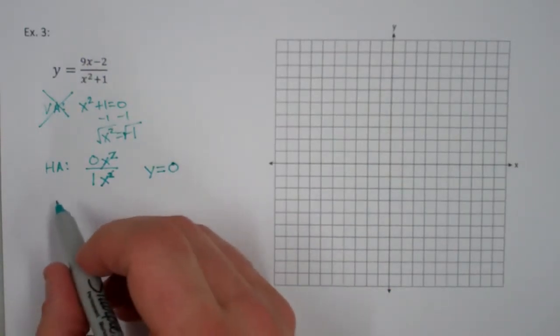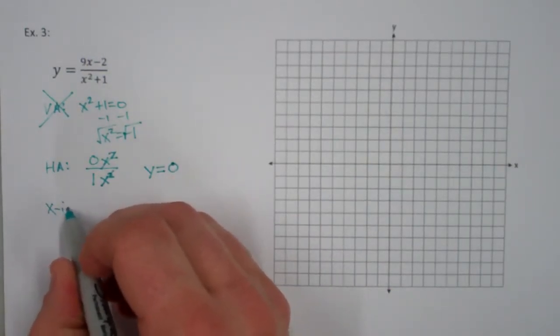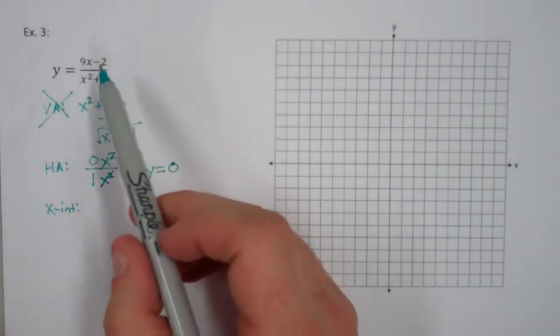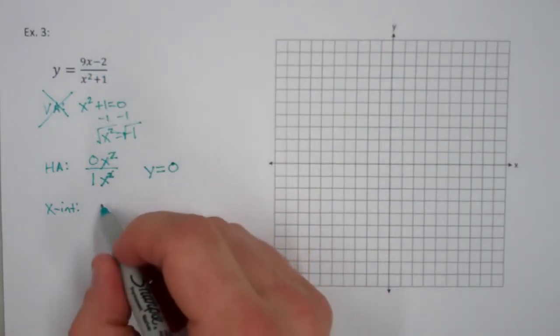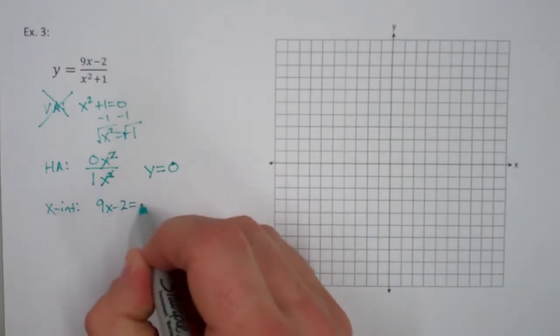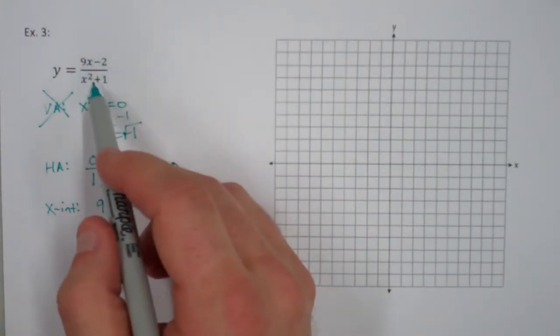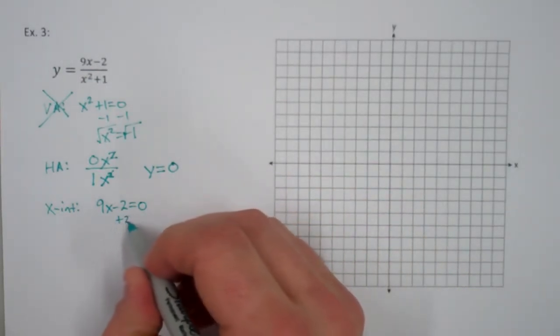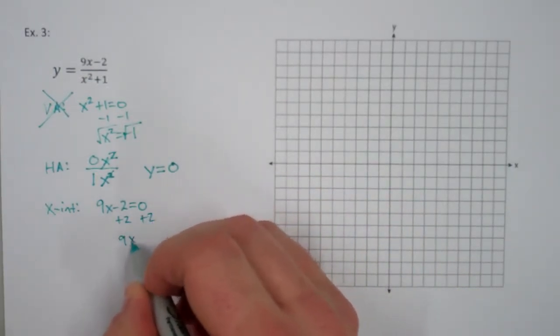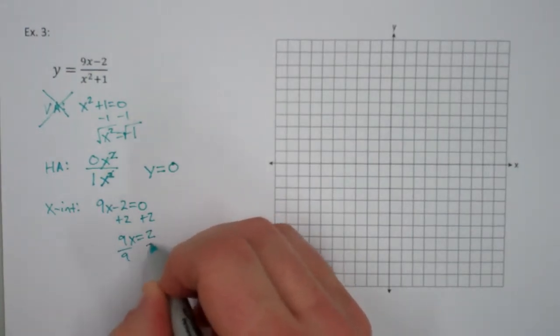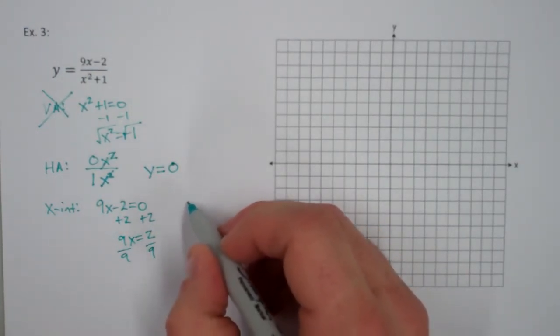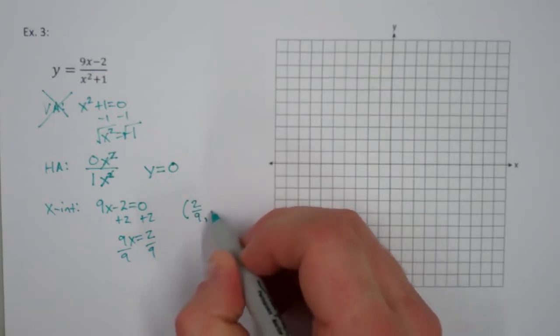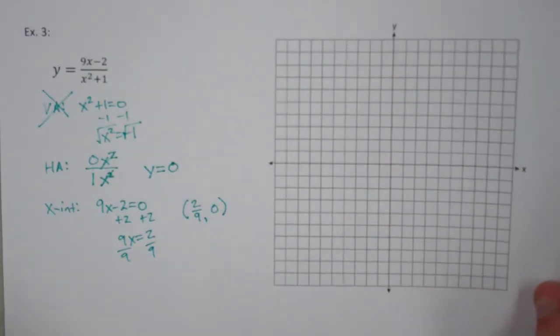To find the x-intercept, all we need to do is set 9x minus 2, that's the numerator, equal to 0. 0 divided by any number is 0, and we know that for the x-intercept, the y value is 0. We'll add 2 here. 9x is equal to 2, divide by 9, and so we have an x-intercept of 2/9, 0.